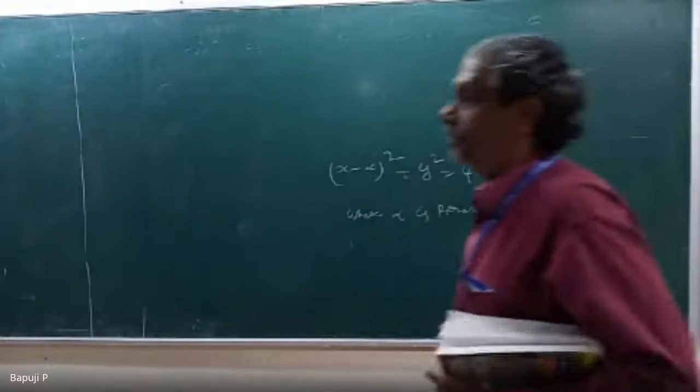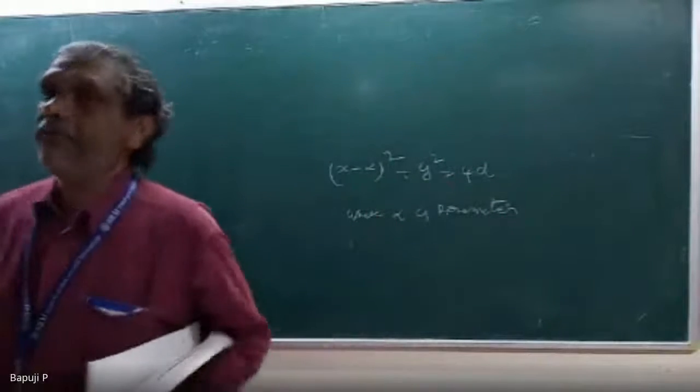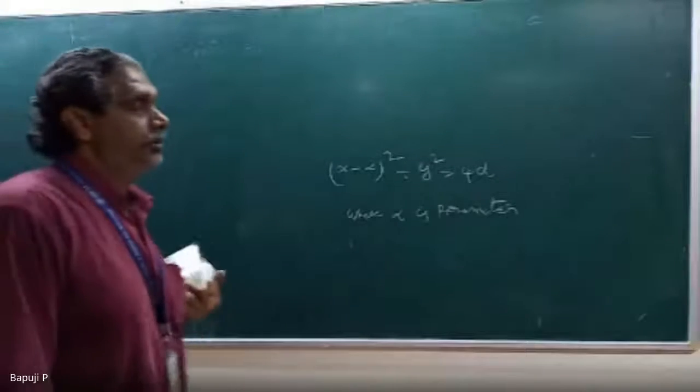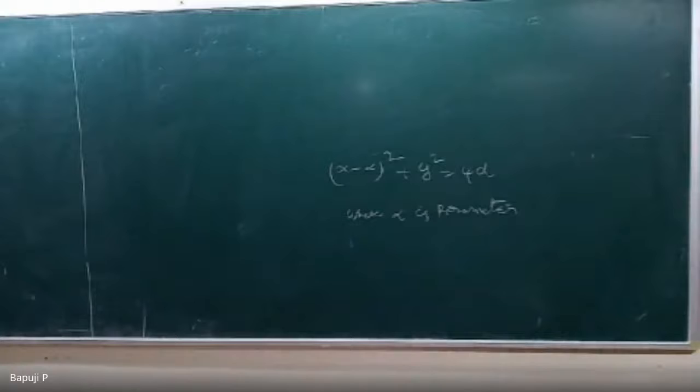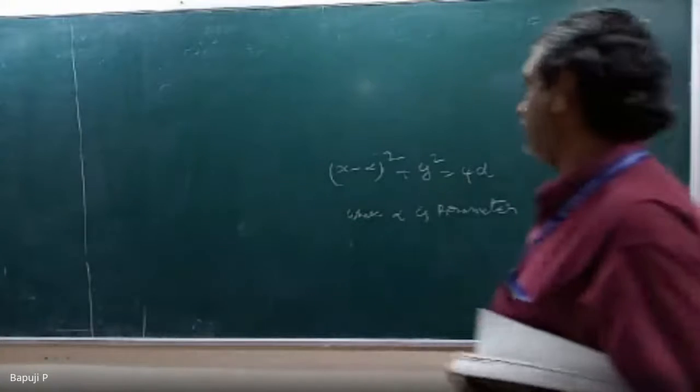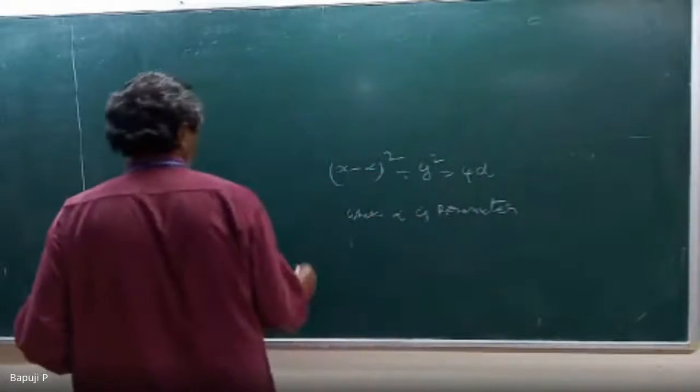Now what will I do? Slowly I want to find alpha; if I am able to tell that, my job is over. So differentiate with respect to alpha. What will you get? Partially differentiate with respect to alpha.